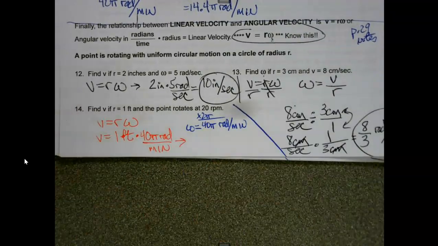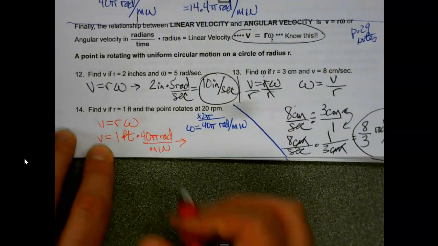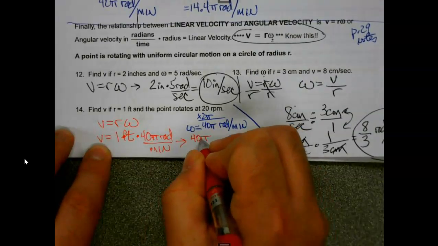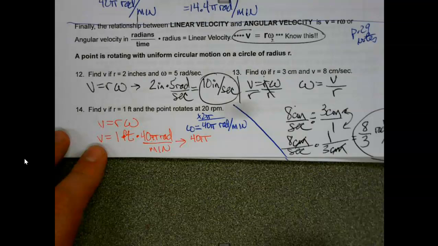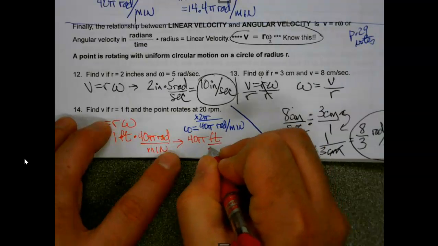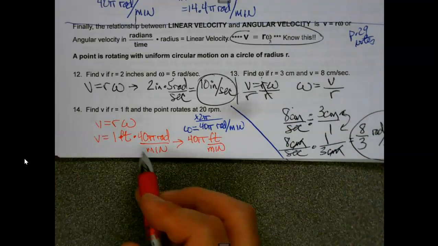So here comes the ever important label. Linear velocity, 1 times 40 pi would be 40 pi. I'll show the decimal on this one too when we get there. 40 pi feet per minute.